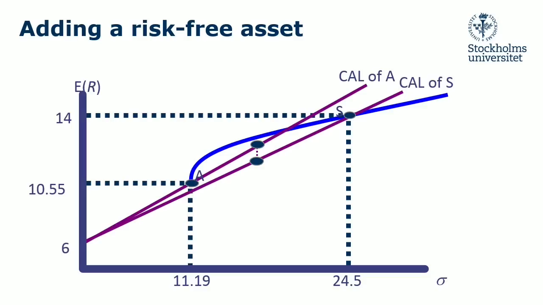That particular point on the capital allocation line of A clearly dominates the other point, because it has an expected return that is higher than the point on the capital allocation line of S, and it has exactly the same standard deviation.